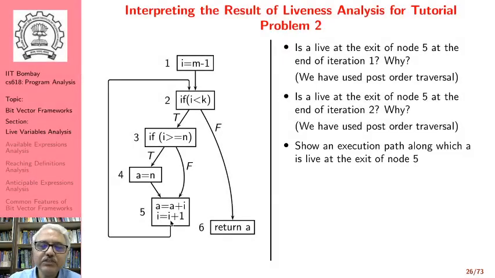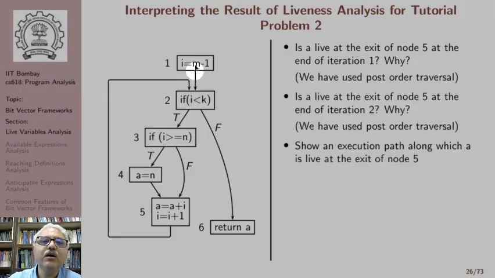The next question says, show an execution path along which A is live at the exit of node 5. When we talk about execution paths, we need to talk about paths starting from 1. So the execution path of interest here is we go from 1, 2, 3, and either 4 or directly to 5, and from 5 we go to 2, and from 2 we go to 6.